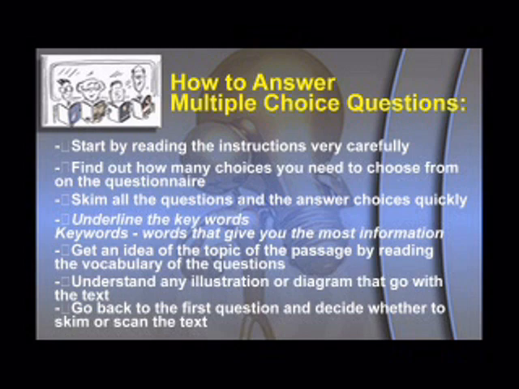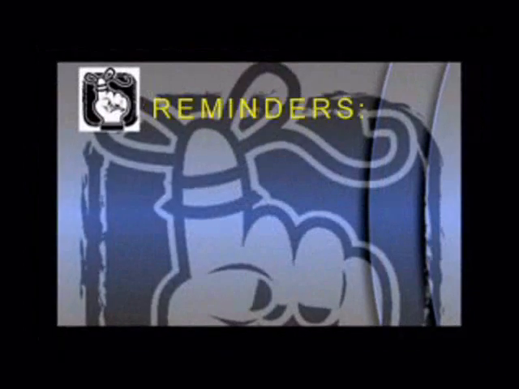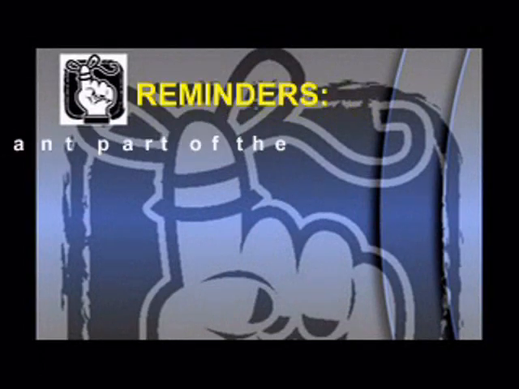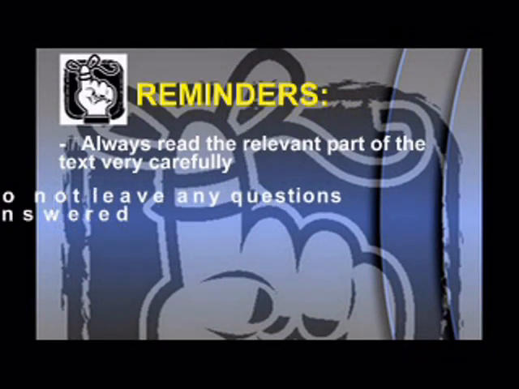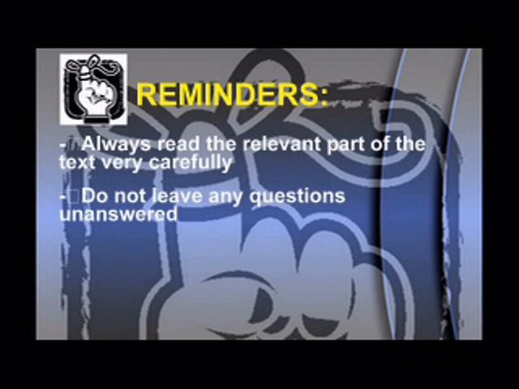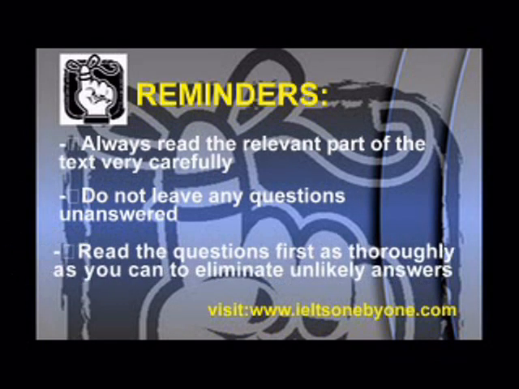Then, either scan or skim the text as appropriate to find your answer. Always read the relevant part of the text very carefully and do not leave any questions unanswered. Remember, read the questions first as thoroughly as you can to eliminate unlikely answers.